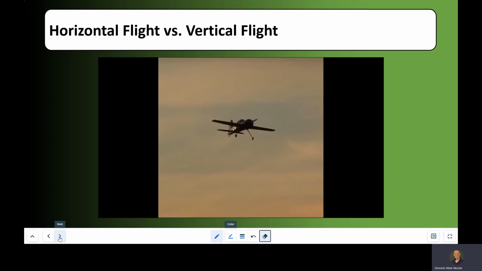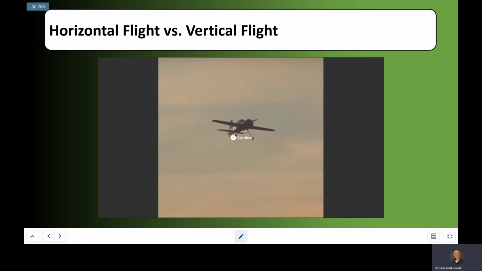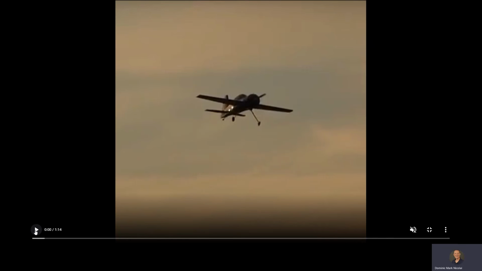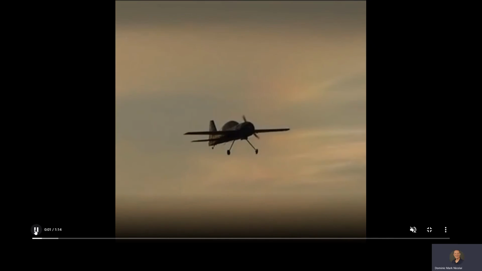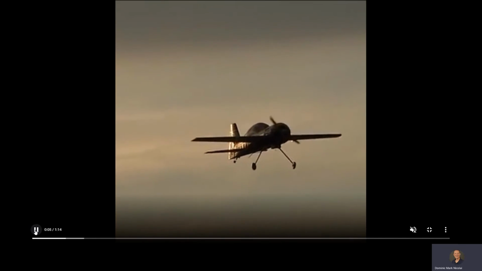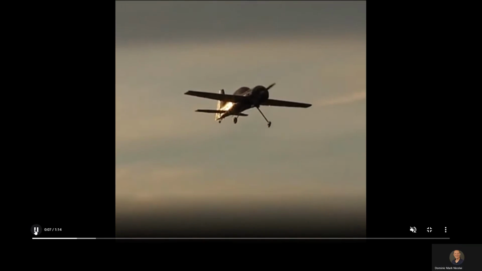I want to see if I can help you understand this with this video of this aerobatic airplane coming in to the field here. Go full screen with this. As this airplane comes in, it's slowing down, and you can begin to see the angle of attack increase on the aircraft.